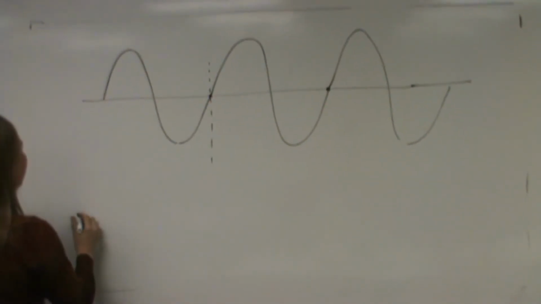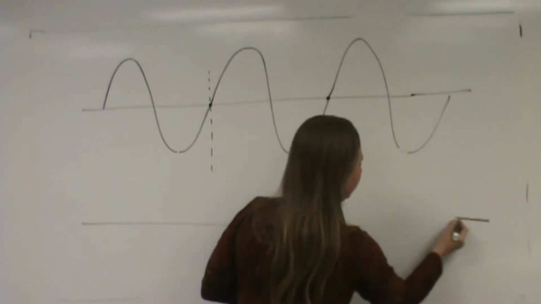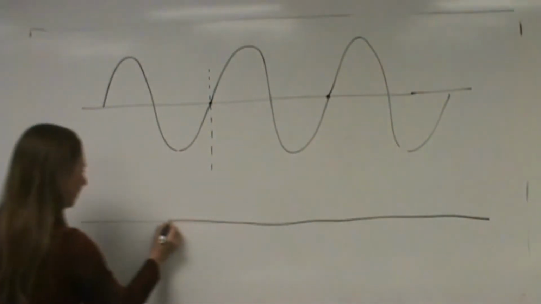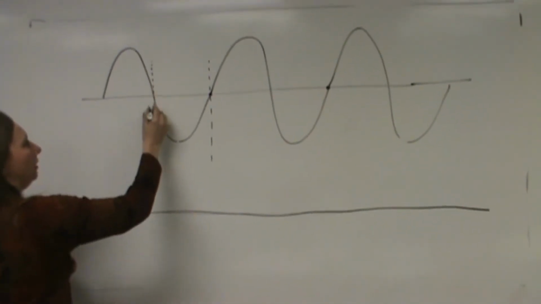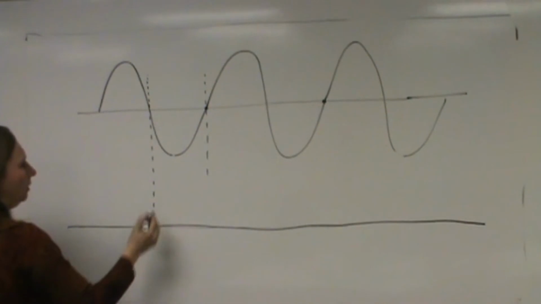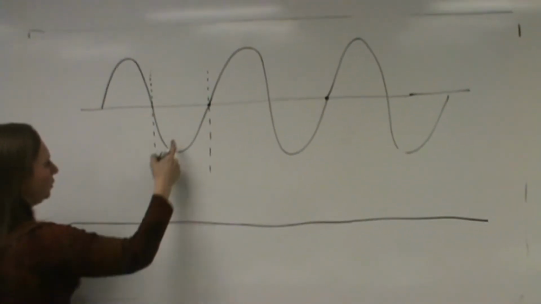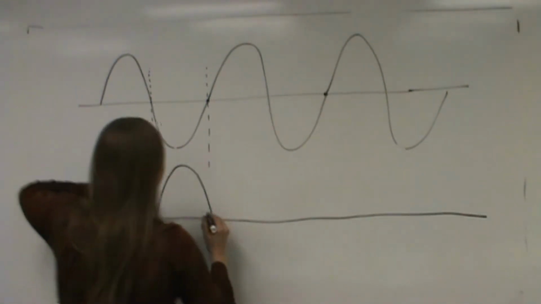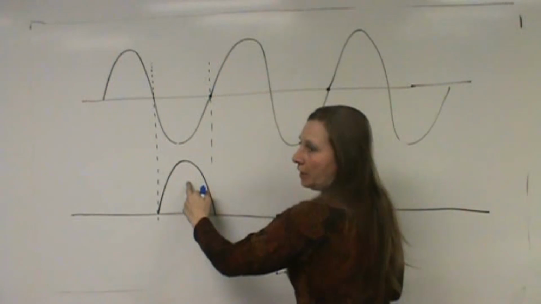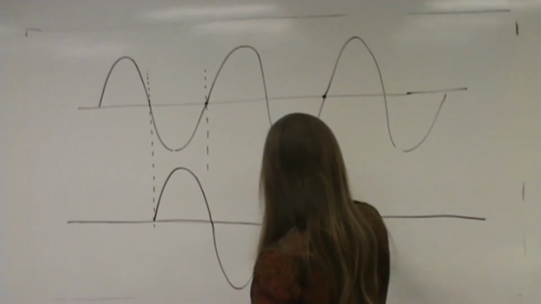Well, if we want it to be 180 degrees out of phase, we would need to start the second wave here. 180 degrees out of phase from this wave. So here's his trough. So we start here, and this time, trough meets crest. All right, so these guys are exact opposites here.